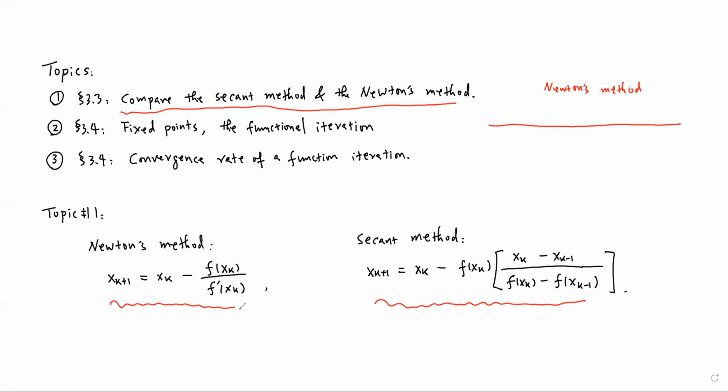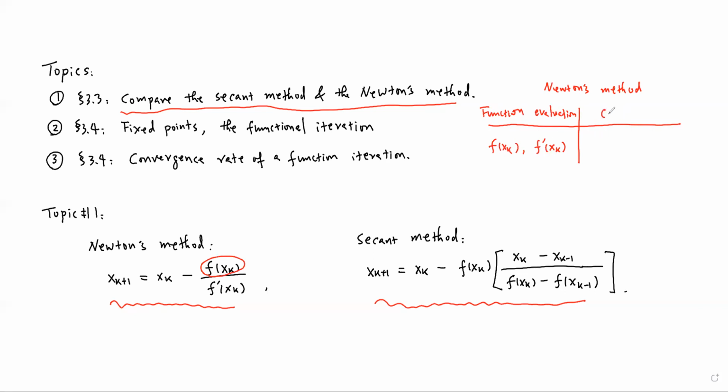In Newton's method, one iteration, we need to evaluate two function values, f of xk, and we need to evaluate the derivative at xk. Two function values. This is a function evaluation each step.